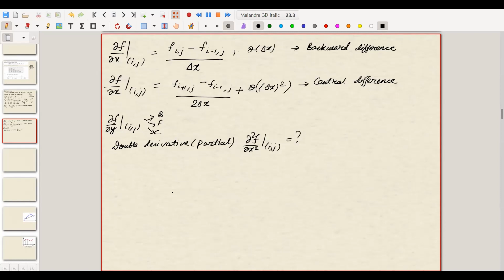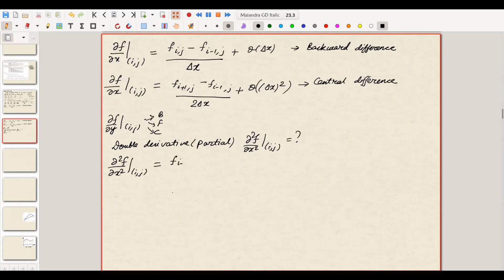So I will write one, then you can refer to the notes for how I wrote ∂²f/∂y² and mixed derivatives like ∂²f/∂x∂y. Okay, I will write this one.